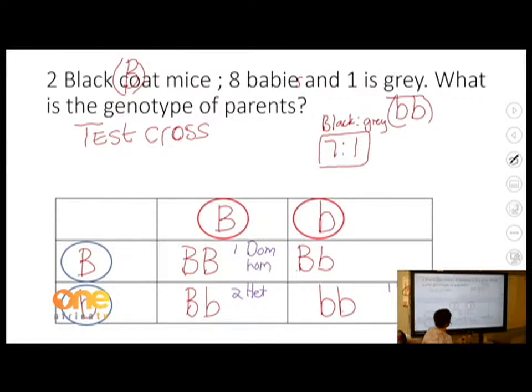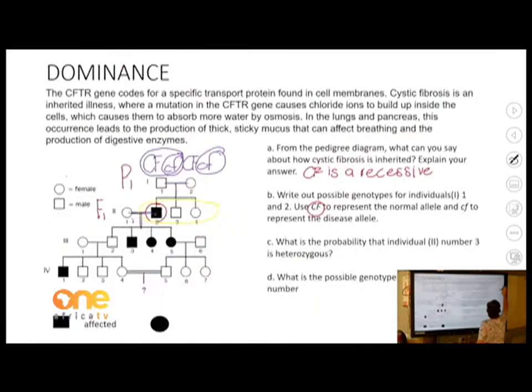So, if I go back to that one, we have number 3 there. The parents are heterozygous, so the possibility to be heterozygous is 50%.